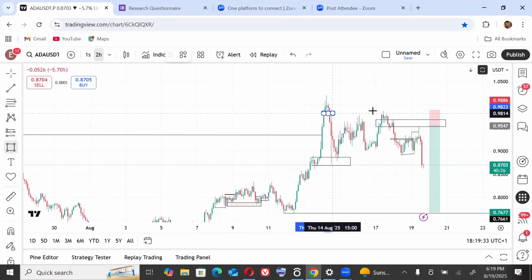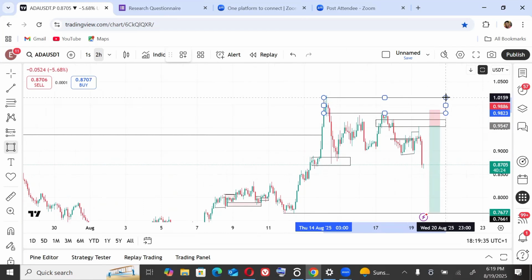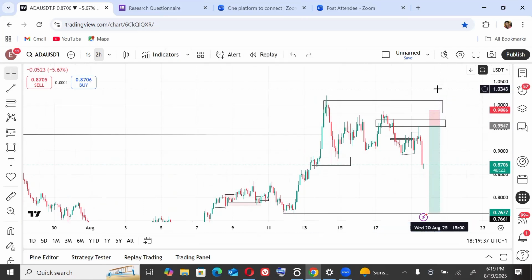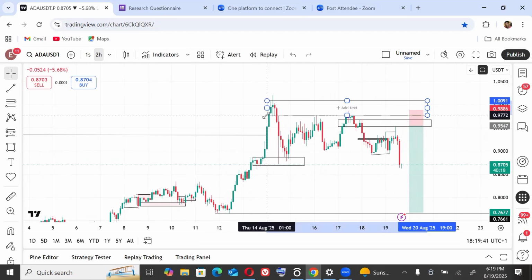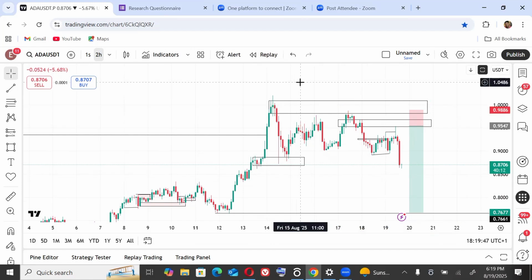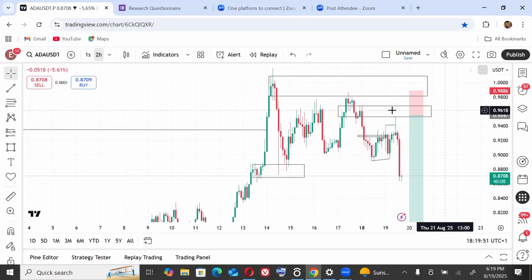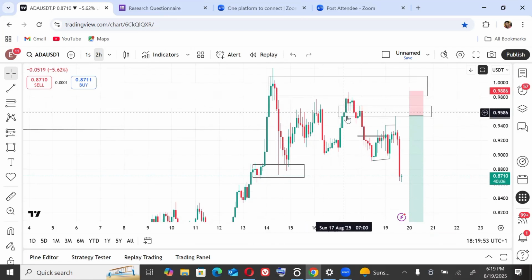The supply around there. Perfect. Last bullish candle before the bearish move. And look at what price did. Price tapped into this supply and started moving.